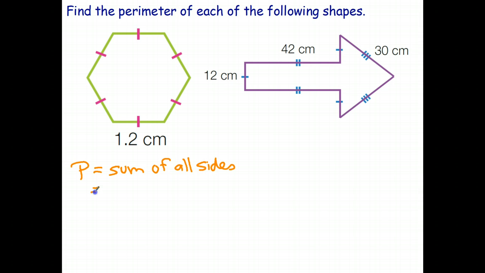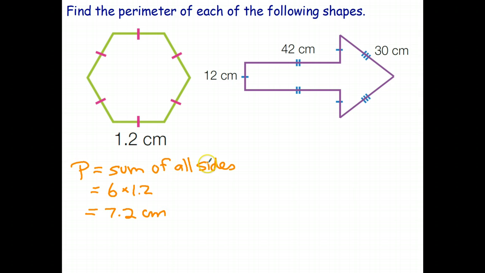Now I could write here 1.2 plus 1.2 plus 1.2 plus 1.2 plus 1.2 plus 1.2, but a more efficient way would be to say that's the same as 6 times 1.2. Well, 6 times 12 is 72, so that's going to be 7.2, and put the units on the end, and the answer is 7.2 centimeters.